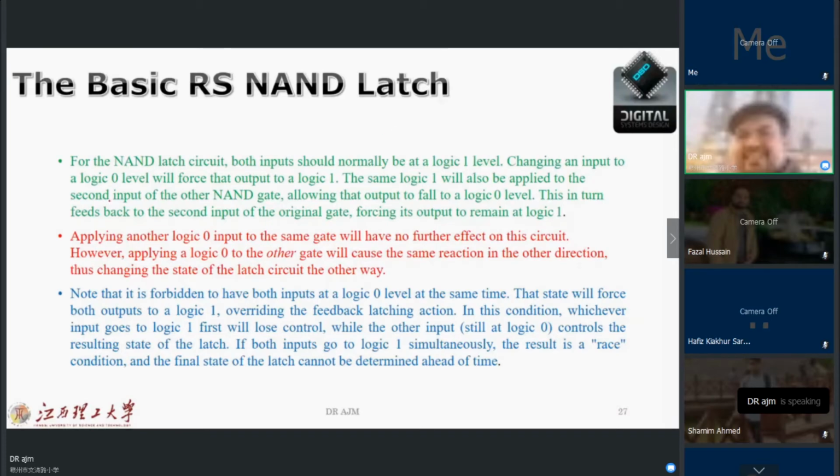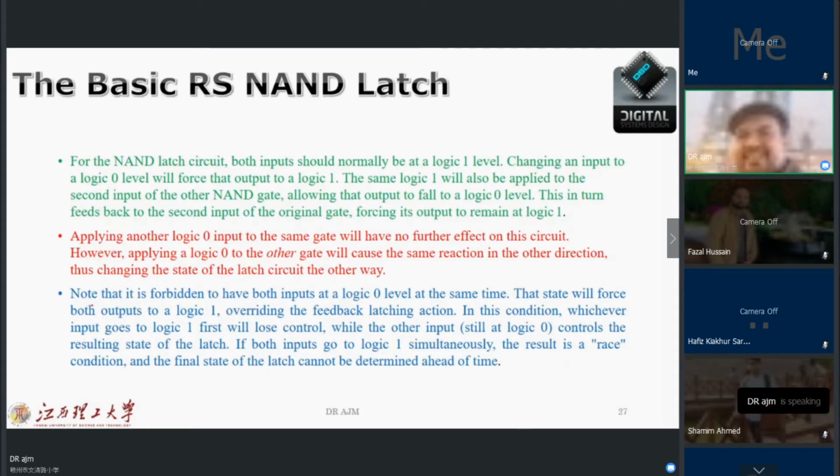Applying another logic 0 input to the same gate will have no further effect on the circuit. However, applying logic 0 to the other gate will cause the same reaction in the other direction, thus changing the state of the latch circuit the other way.